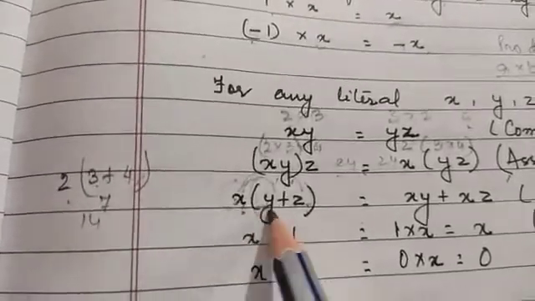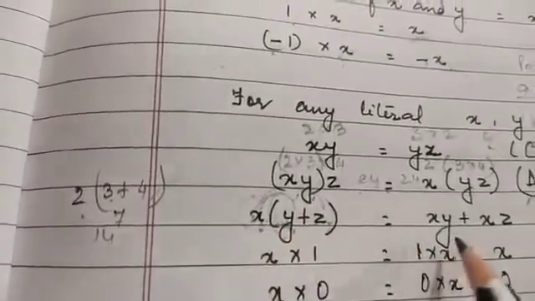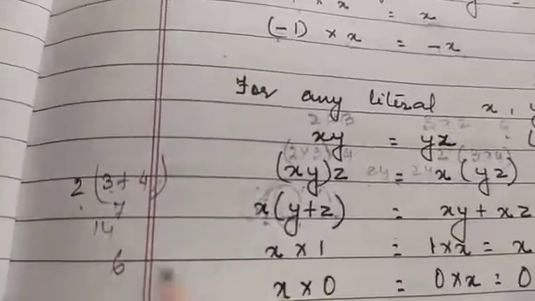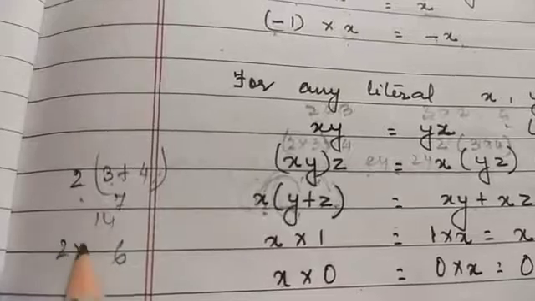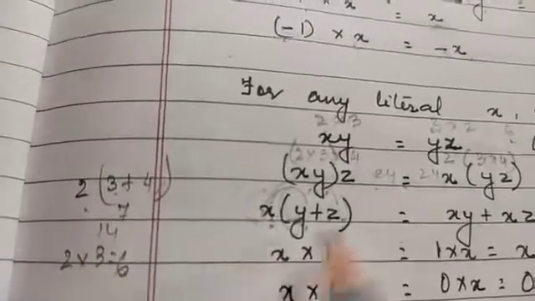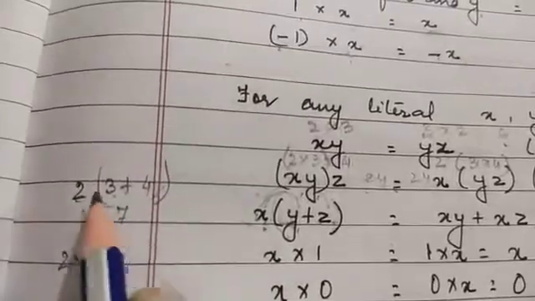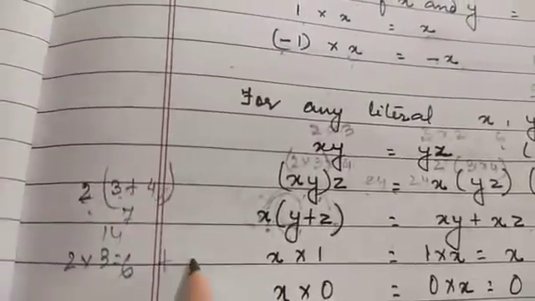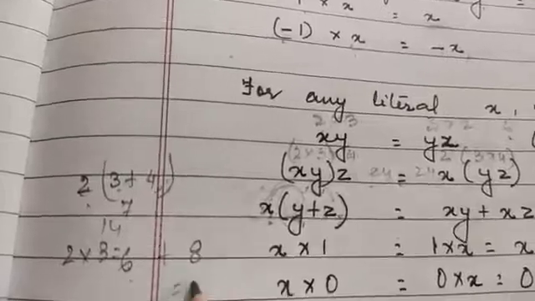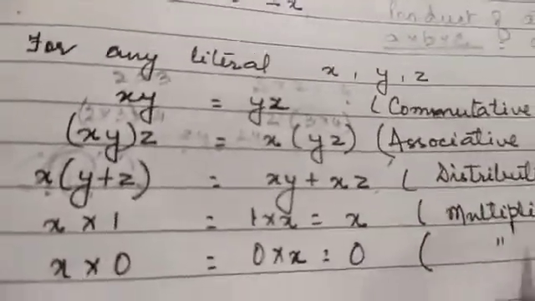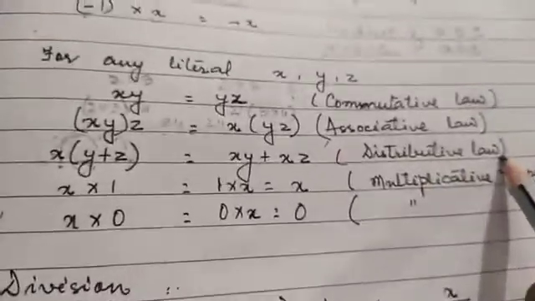And if I take xy, it will be 2 into 3, that is 6. And xz will be 2 into 4, that is 8. So 6 plus 8 is how much? 14. Both sides equal. This is known as the distributive law.